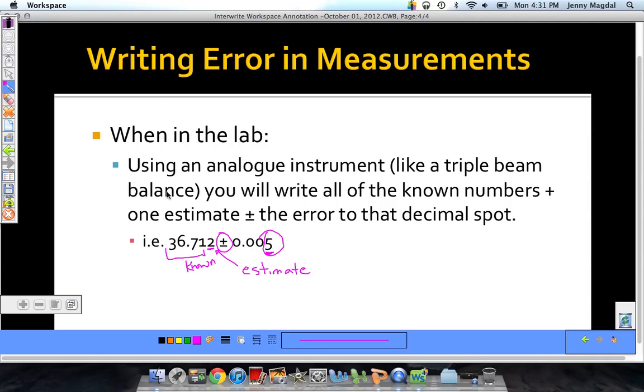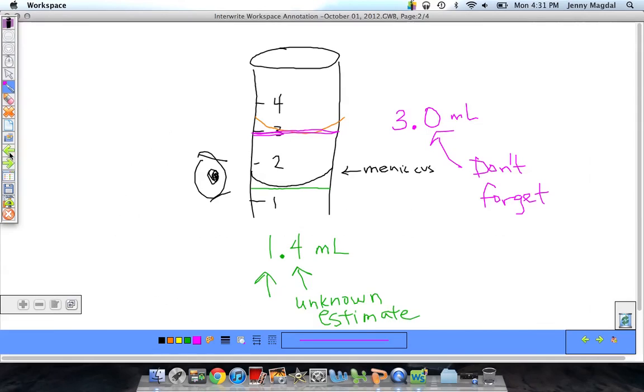So let's take a look at the image that we drew a while back. If I'm looking at either of these, the error is going to be the same for this graduated cylinder no matter what. Because, remember, my estimate is my last digit. So my error for this, I would write as plus or minus 0.5.